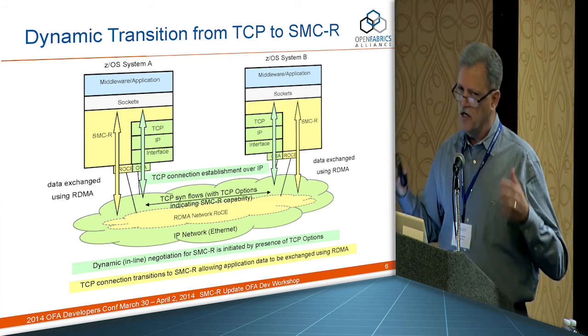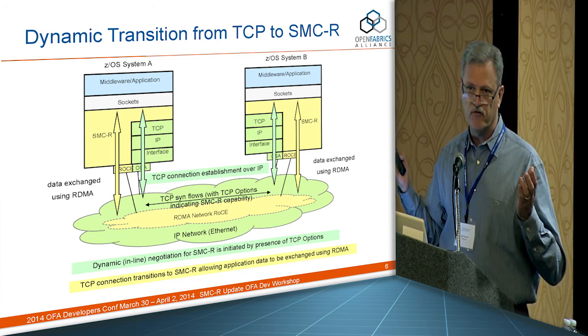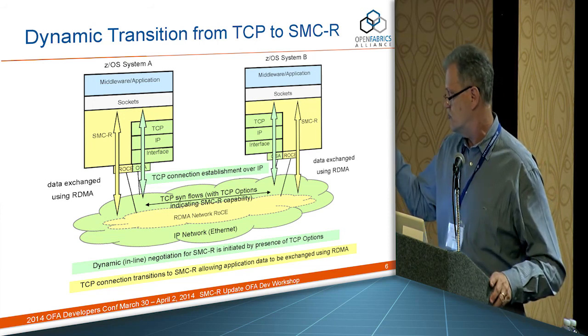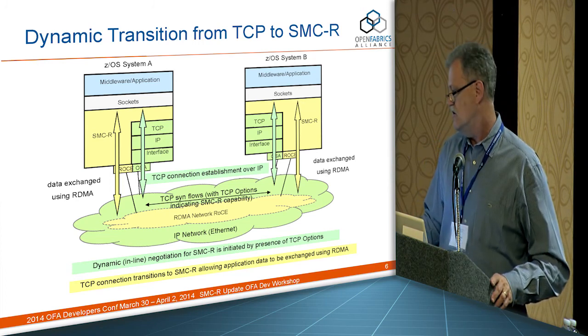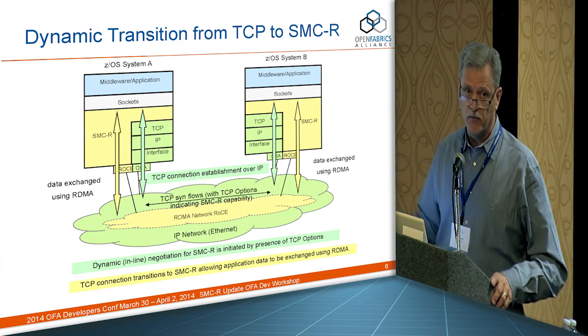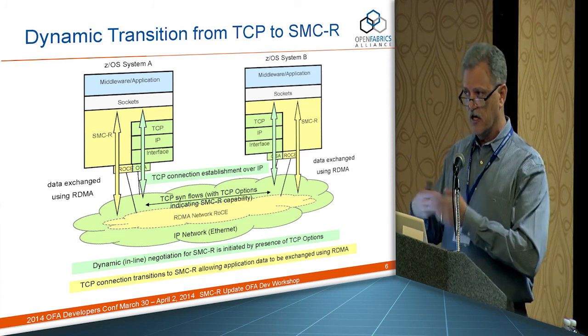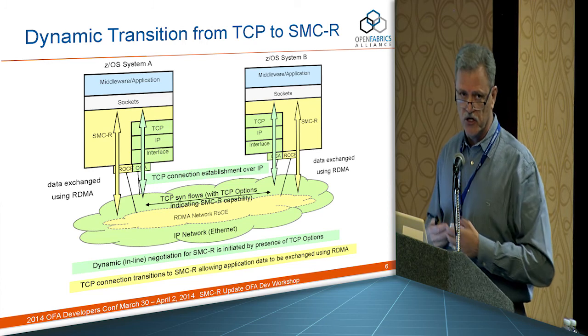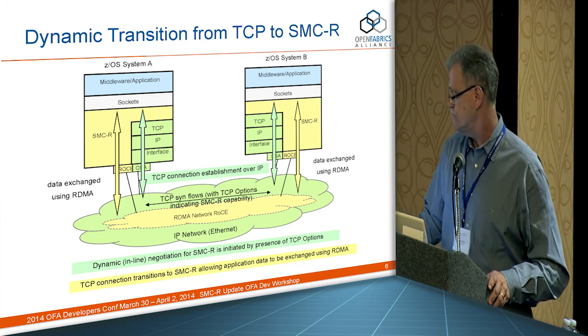So once again, we connect over IP, exchange the TCP option if both hosts are enabled for it. Then we will also proceed with the exchange of the rendezvous data, the RDMA semantics, to negotiate switching out of band. It's very similar to SSL, if you're familiar with that. In other words, the SSL handshake occurs in band in the TCP connection and may or may not use it. That's the way this protocol works as well.